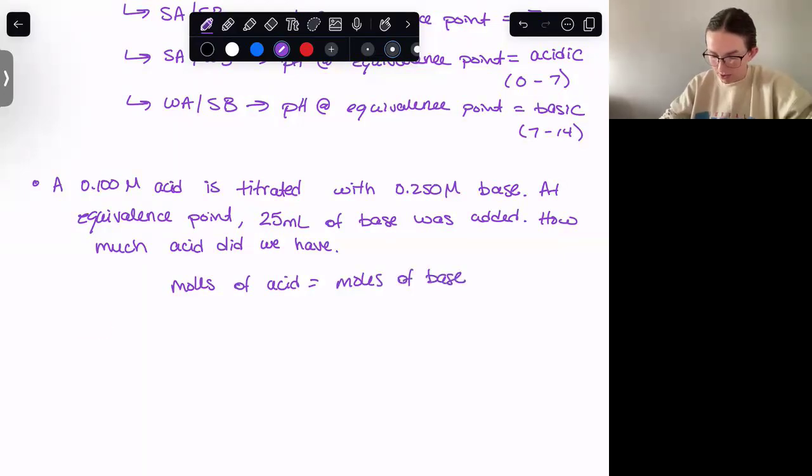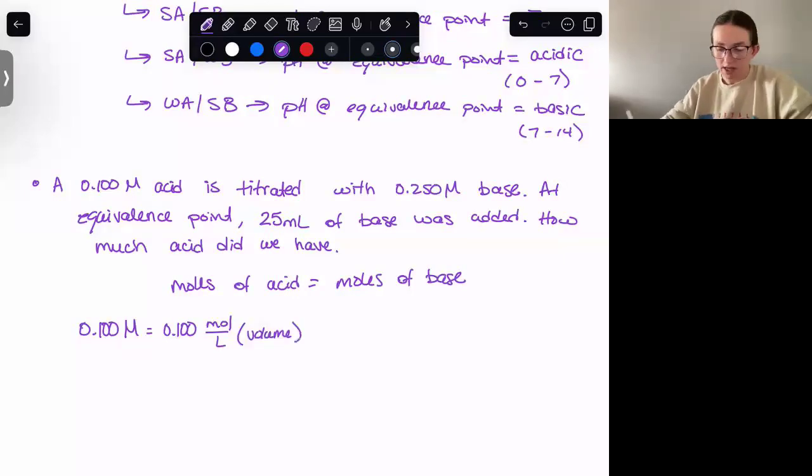So we have 0.1 molar, which is 0.1 moles over liter. In order to get to moles of acid, we need some sort of volume component. But we don't know what that is, so this is our X value that we're looking for. But on the other side, we're given concentration of our base, and we are given a volume for this.